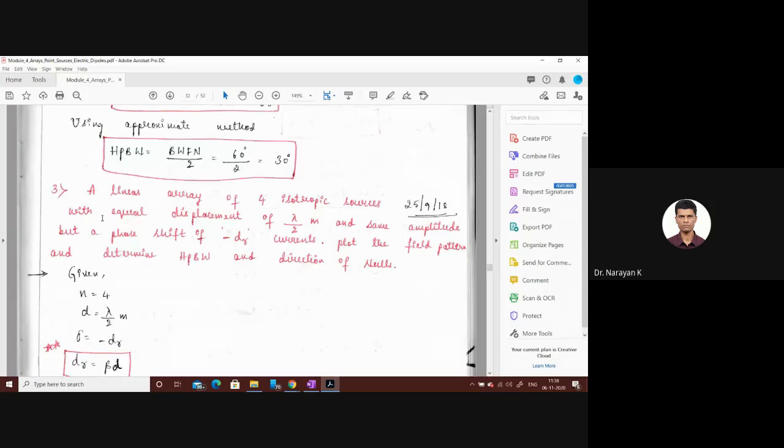Plot the field pattern and determine the half power beam width and direction of the nulls.